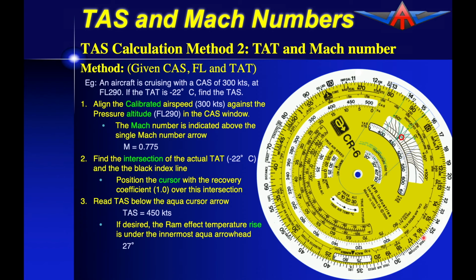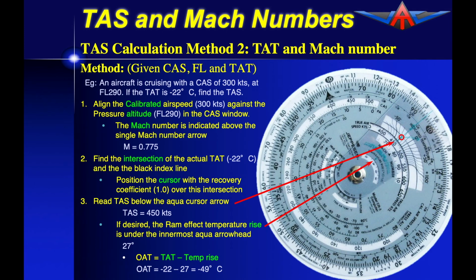That would allow us, if we wanted to, to calculate the still air outside air temperature by subtracting that from our TAT of -22. So -22, take off the 27 resulting from the temperature rise. That means the still air temperature would be -49 degrees Celsius. On the Jeppesen, we get the same sort of result.